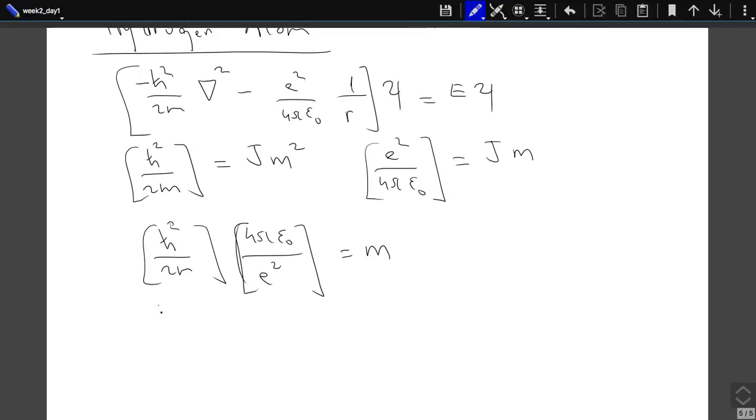And this, h bar squared over m, times 4 pi epsilon 0 over e squared, is what we usually call the Bohr radius.